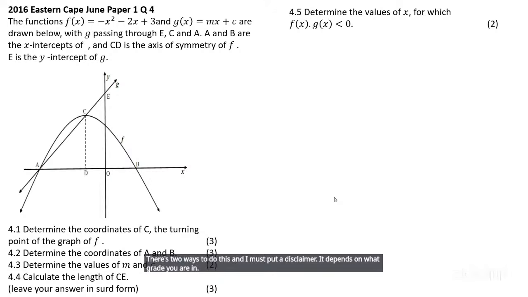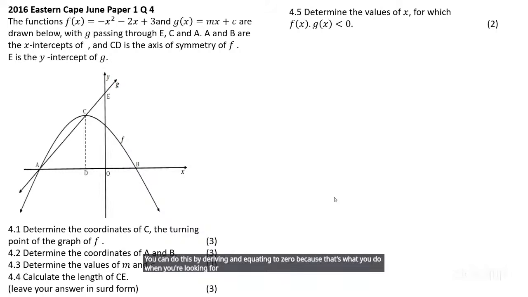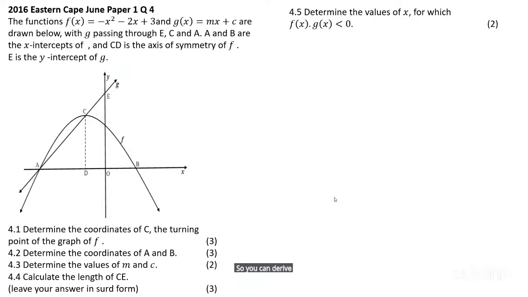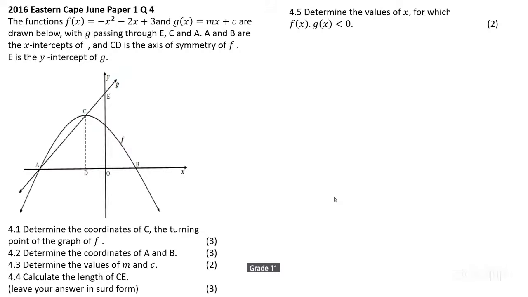In grade 12, you can do this by deriving and equating to 0, because that's what you do when you're looking for turning points, something that is learned in the topic of calculus. So you can derive, equate to 0, solve for x, substitute back to the original. Grade 12.